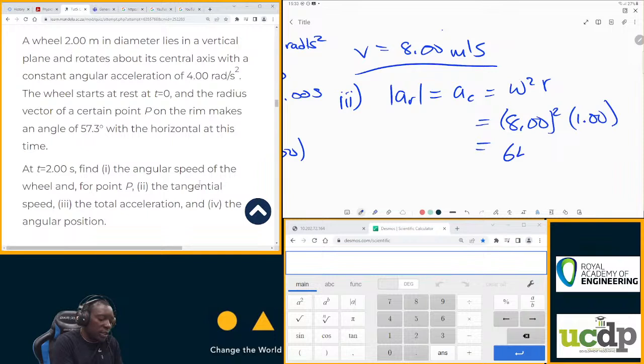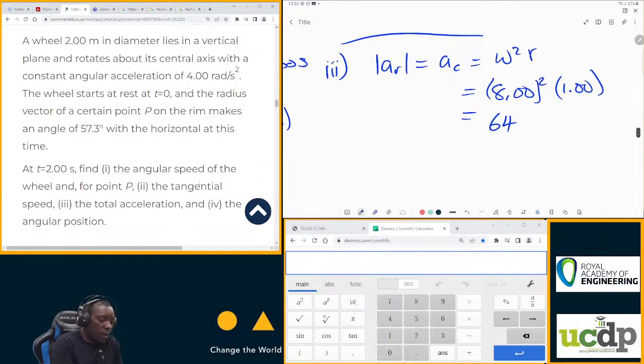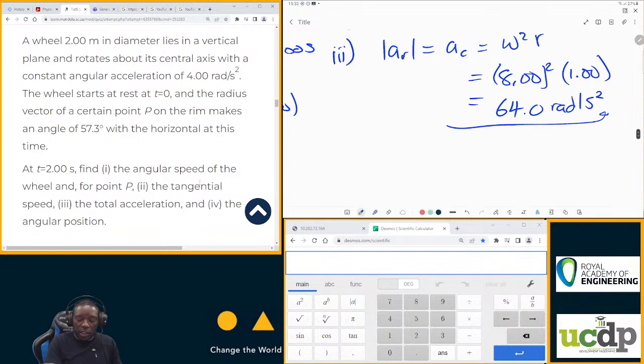This gives us 64.0 meters per second squared, right? So this is the centripetal acceleration, which is the acceleration towards the center. For any body that's describing a circular path, there is an acceleration towards the center.